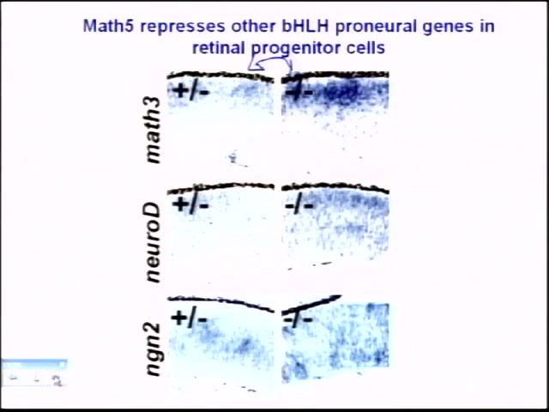That means that MATH5, when it's present, is keeping those genes at low levels or off, and preventing a MATH5-expressing cell from becoming another cell. So that's part of the whole system that makes up this very complex developmental scheme. But again, I haven't got really time to talk much about that.